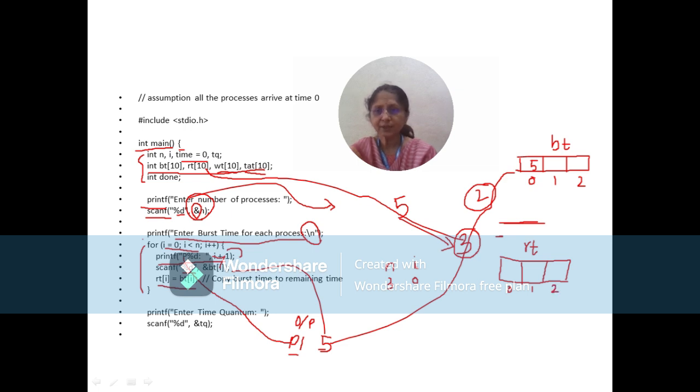Now this statement RT of i is equal to BT of i, what will it do? What is there in BT of i? BT of 0 is 5. The same value is copied into RT of 0. i is 0, so RT of i is equal to BT of i is nothing but RT of 0 is equal to BT of 0. So we just copied that 5 into our RT array.